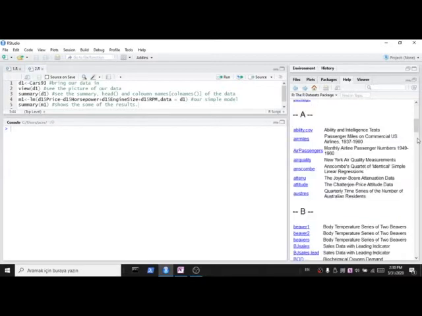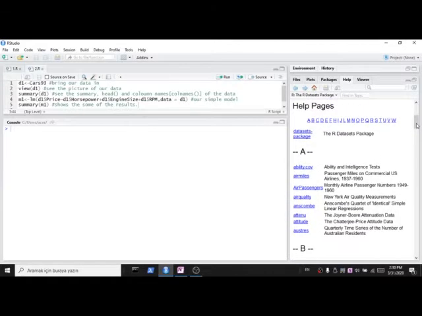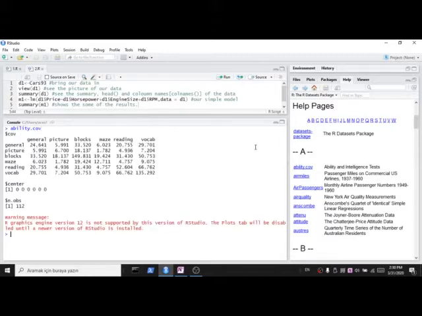For example, let's make an example. The first thing, yes, it comes anyway. What is it? It's a list.